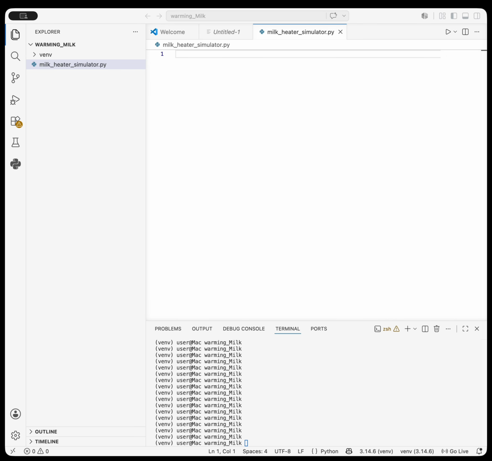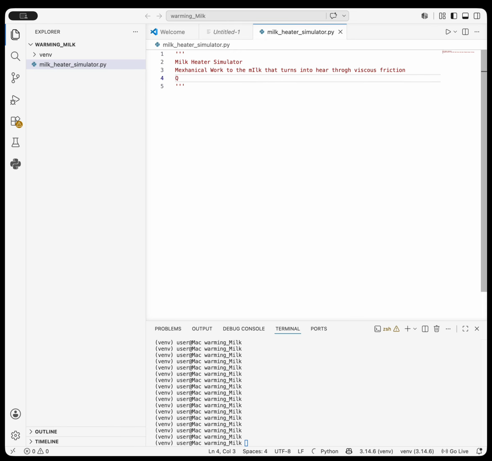So we have a milk heater simulator, and the mixer performs mechanical work on the milk that turns into heat through viscous friction.